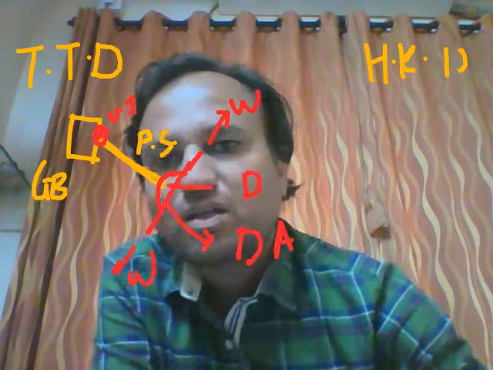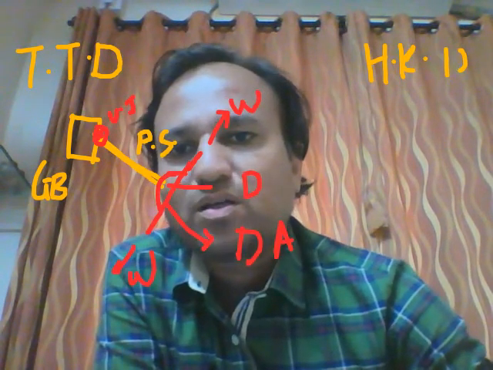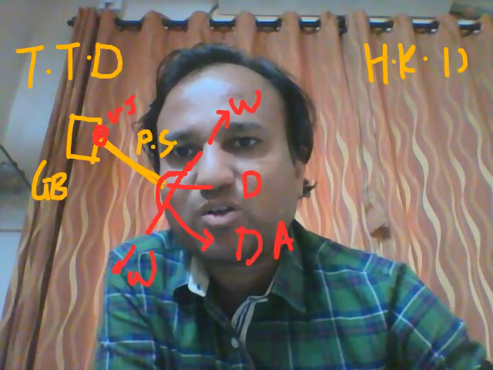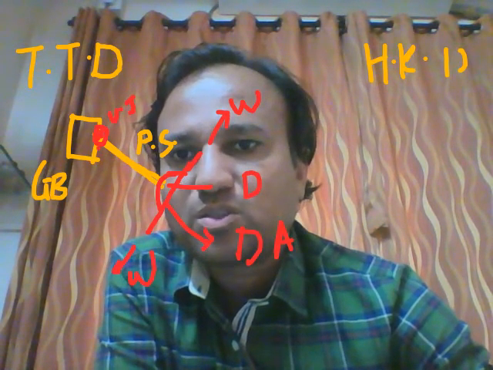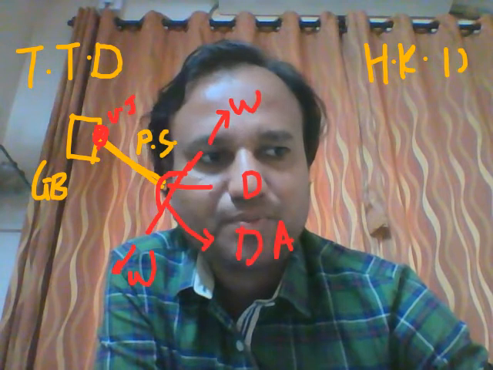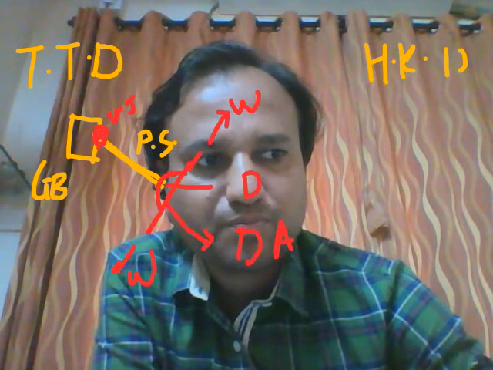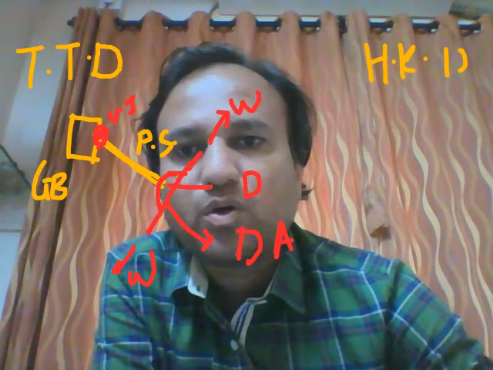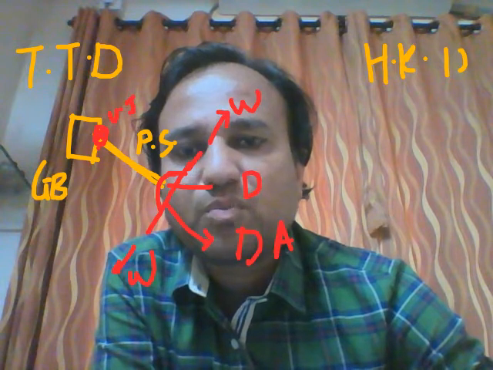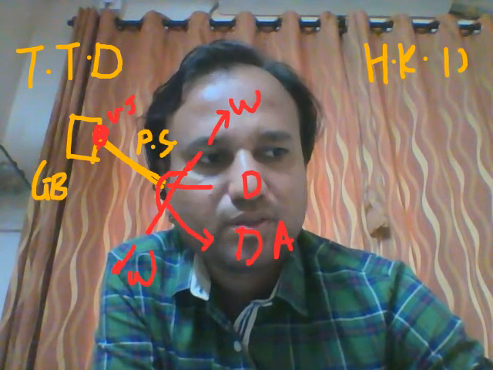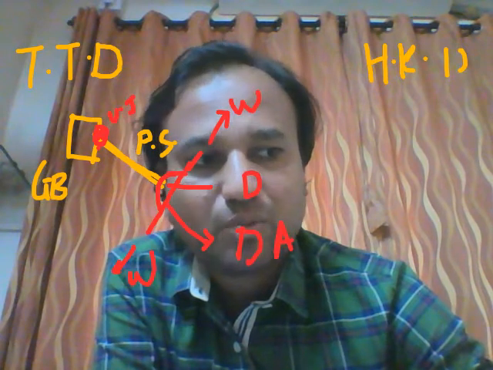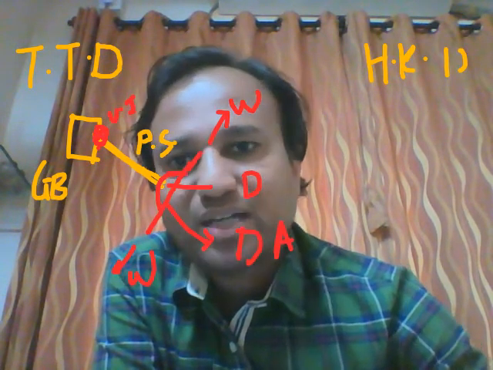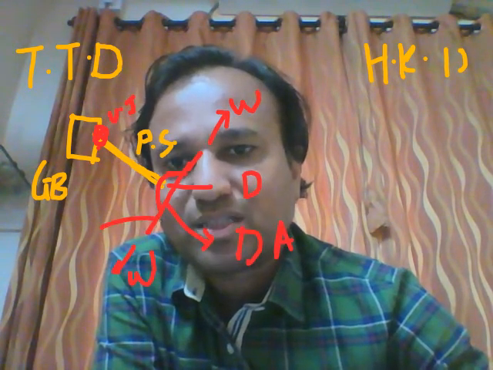So one end of the propeller shaft in torque tube drive is connected to the gearbox via a spherical coupling, and the other end of the propeller shaft is connected to the differential. The supporting of the propeller shaft is done on the axle housing. Student, this is the axle.